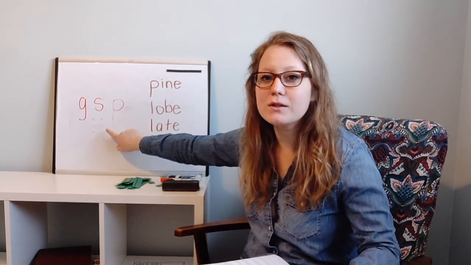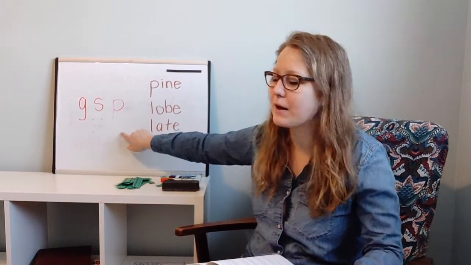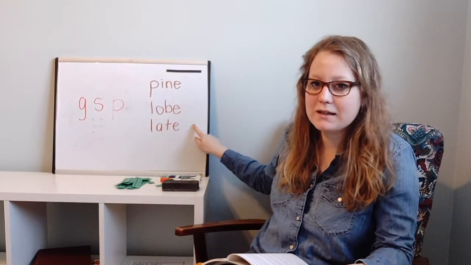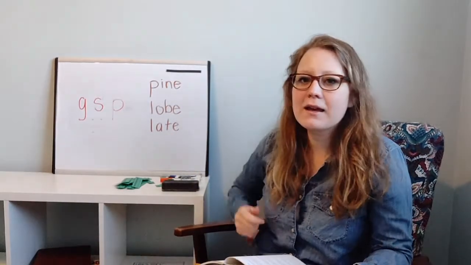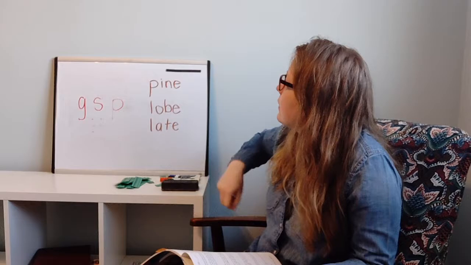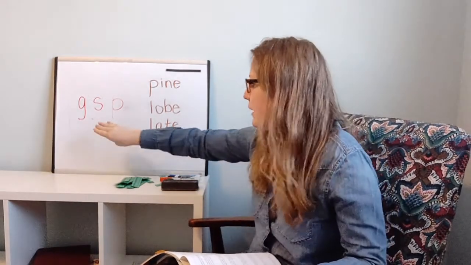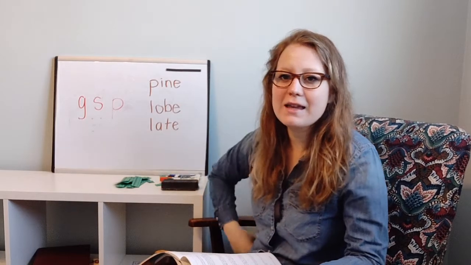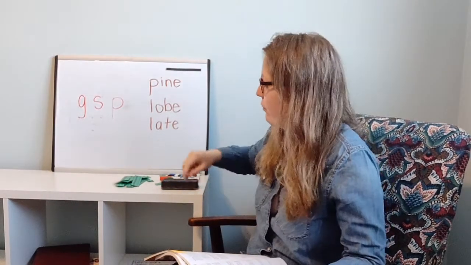I want you to choose a consonant that we can add to some of these words, to make a new word. So my first word is pine. What word from over here, G, S, or P, can I add to make a new word? Let's try a couple of different ones.